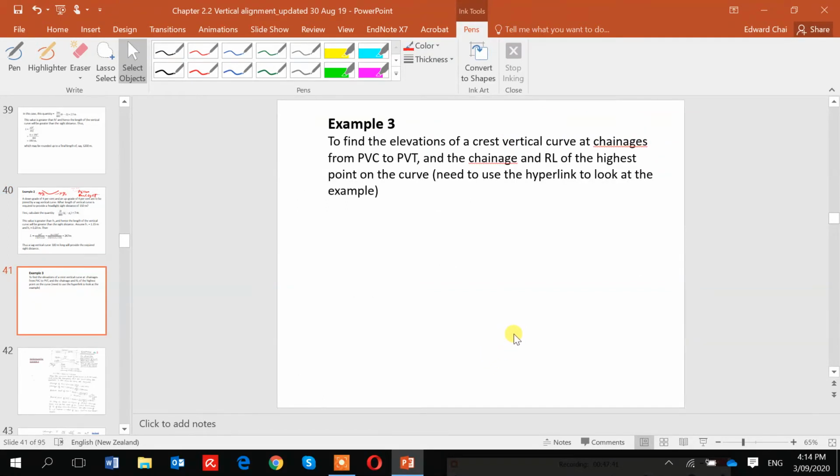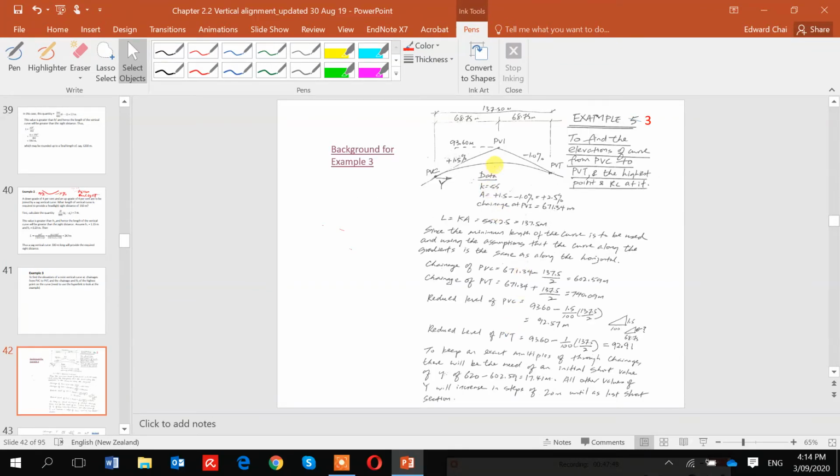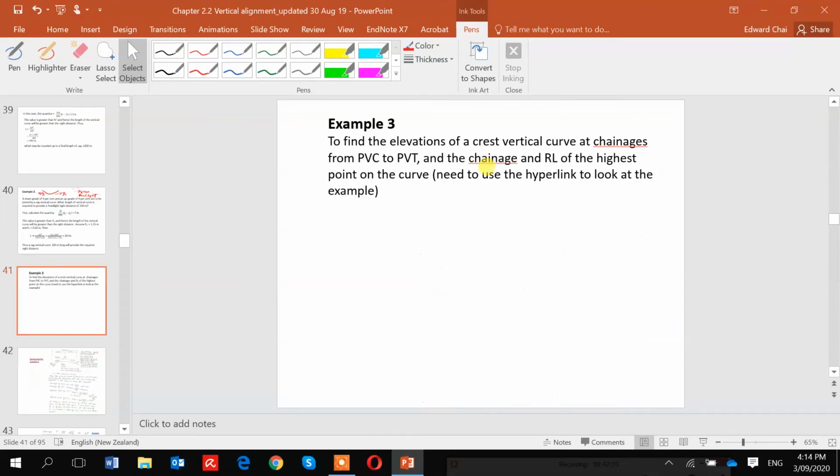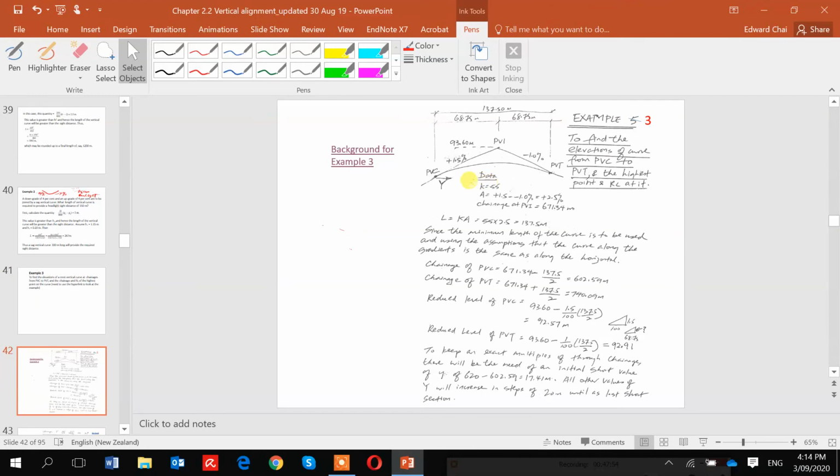Example 3. This one is a much longer example. We want to find the reduced level of this vertical curve from this point here, PVC, to PVT.